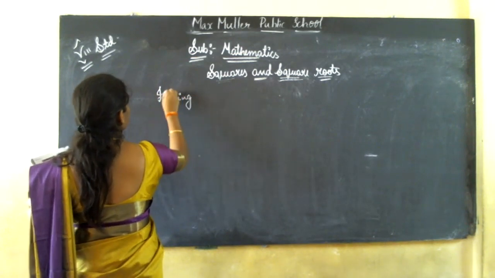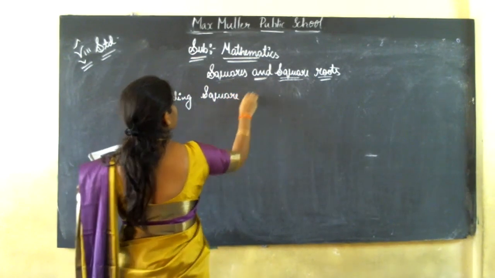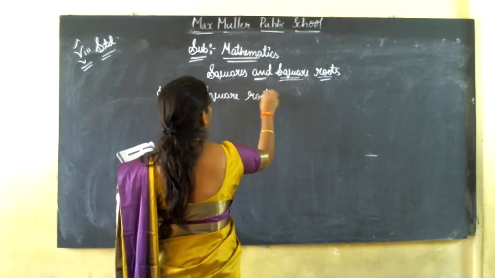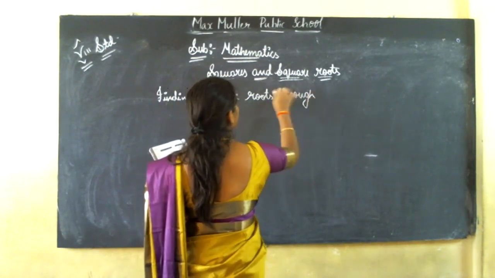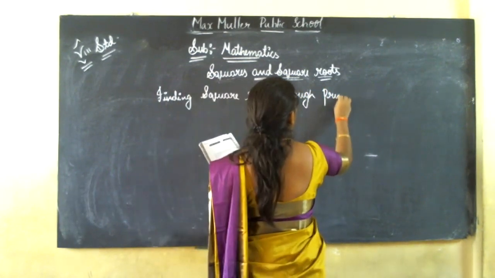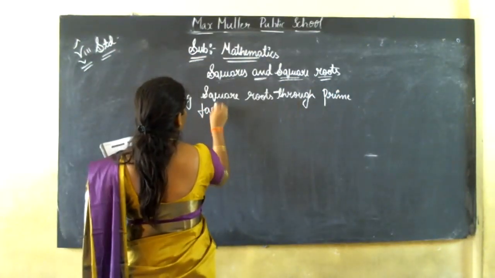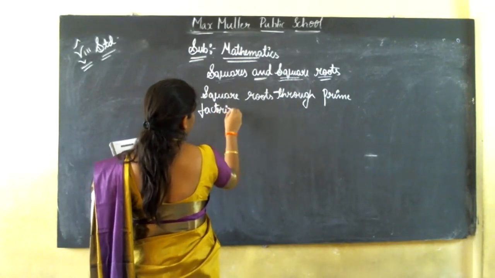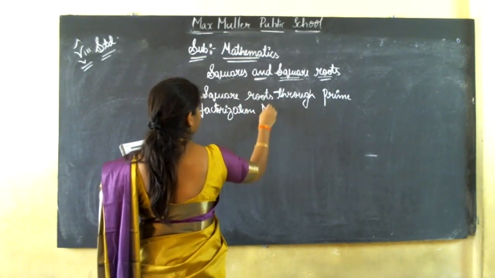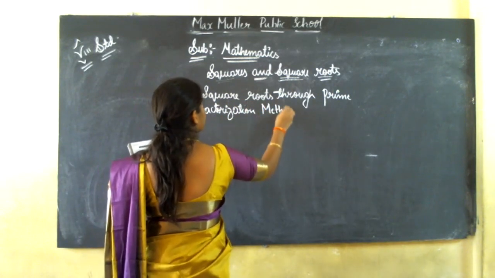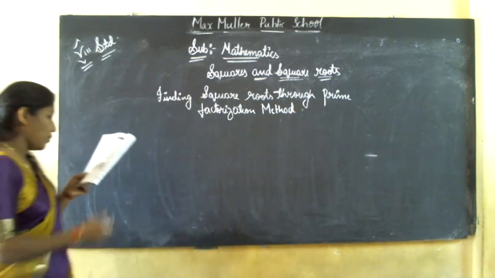Finding square roots through prime factorization method. Understood? So what you will do now?